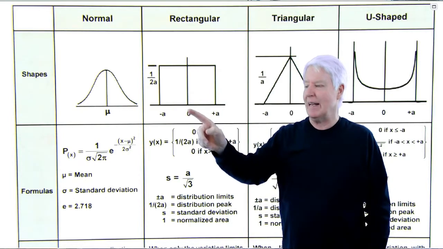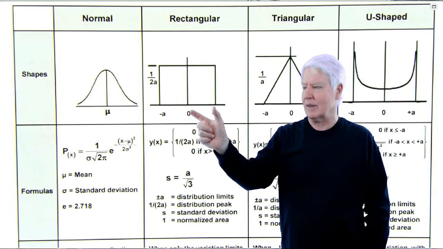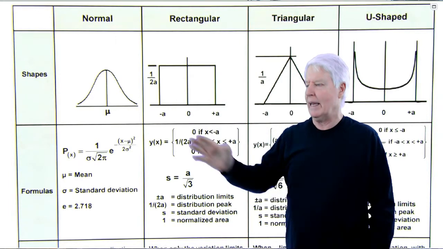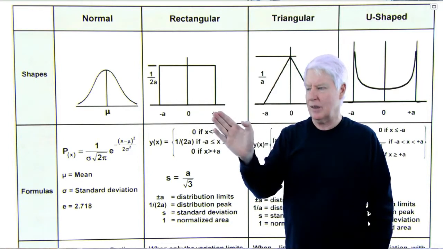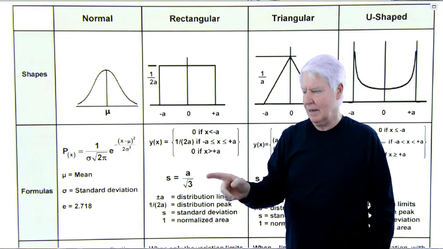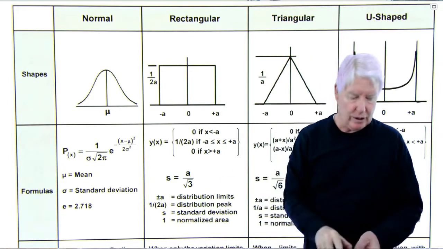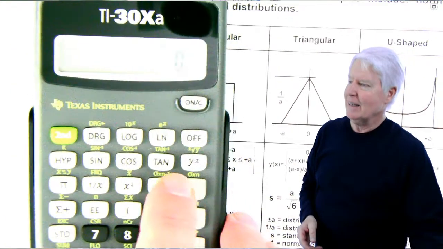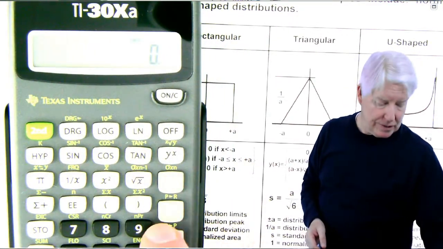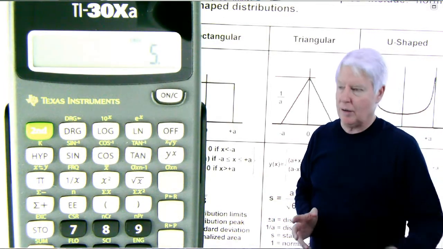We have to divide that by 2 to get A, because A is half the length. So we go 1 minus 6 to get the spread, which is 5. Divide it by 2, which gives us 2.5. 2.5 divided by the square root of 3 will be the correct answer. We have to put the bigger number in first, don't we? So let's do it correctly. 6 minus 1 is the range of that distribution, which is 5.